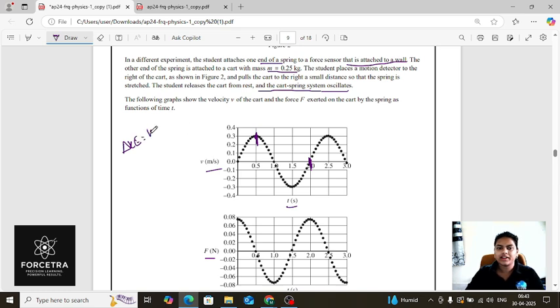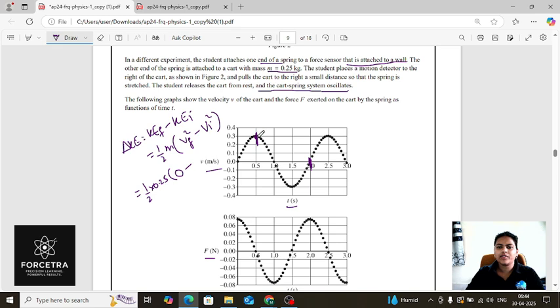What is the final kinetic energy? One half m v squared. The mass is the same, so I can write Vf squared minus Vi squared. So what is the mass? 0.25. What is the final velocity? At 2, it's 0.